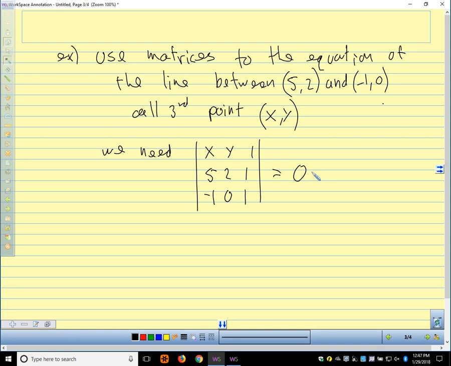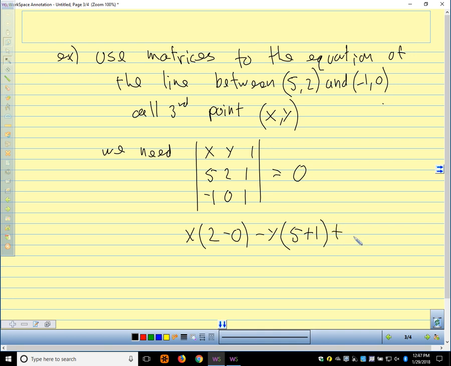Well, let's write that equation. I'm going to say x times, cross out that row and that column, 2 minus 0. Plus, minus, plus, so minus y times, cross out that row and the middle column: 5 times 1 is 5, minus (-1), so plus 1.